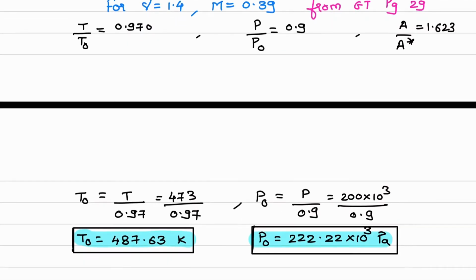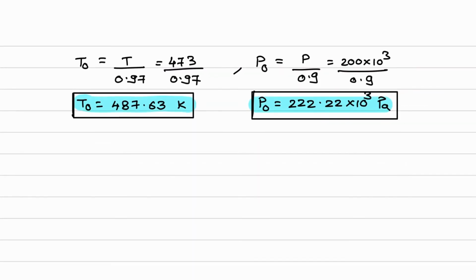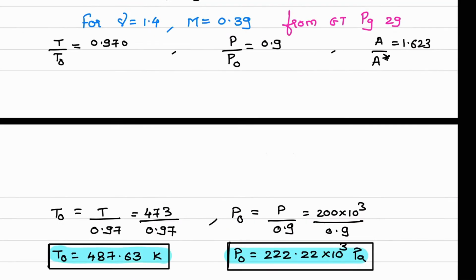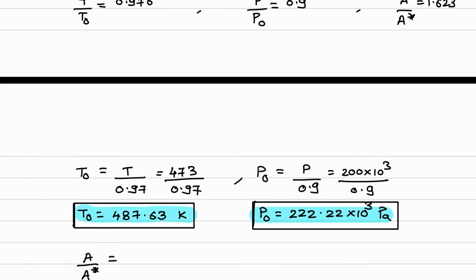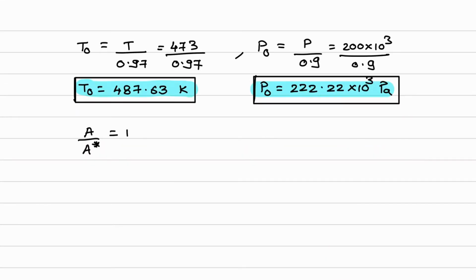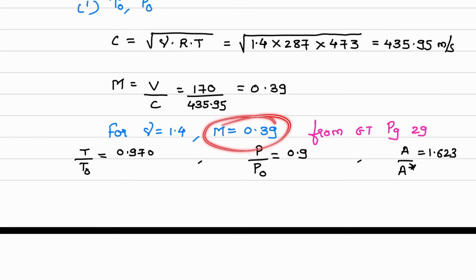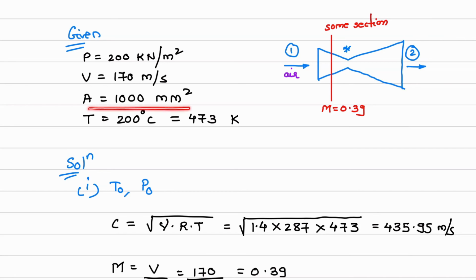So I can substitute the value here. A by A star is equal to 1.623. Now this A star value we have to find out, so A star is equal to A divided by 1.623. What is the area A at Mach number equal to 0.39? It is 1000 mm square.